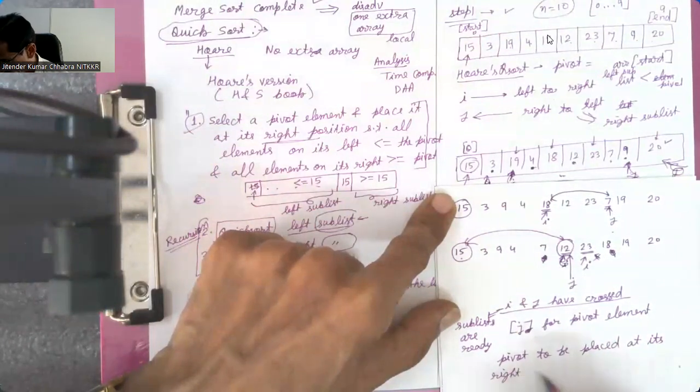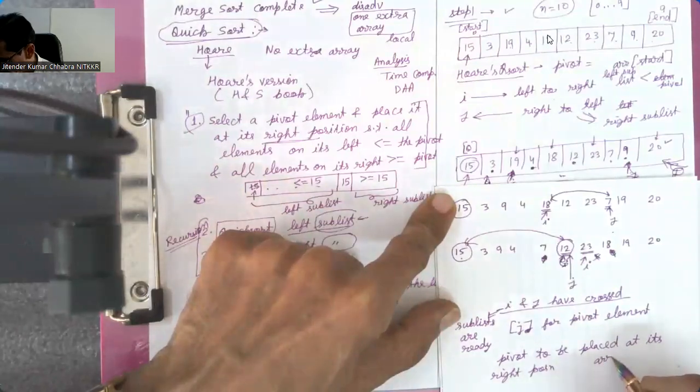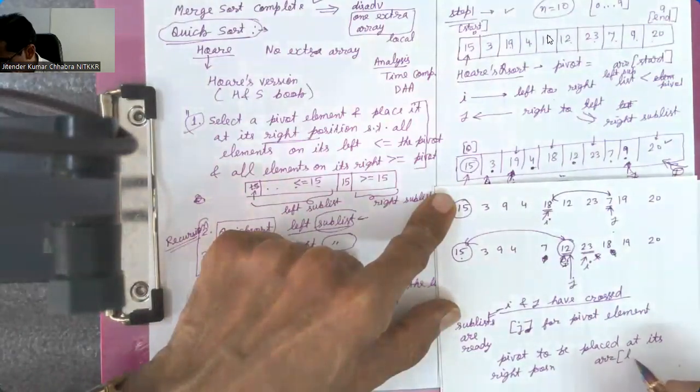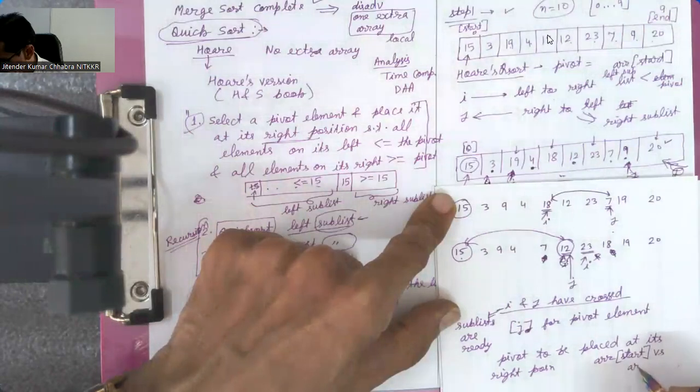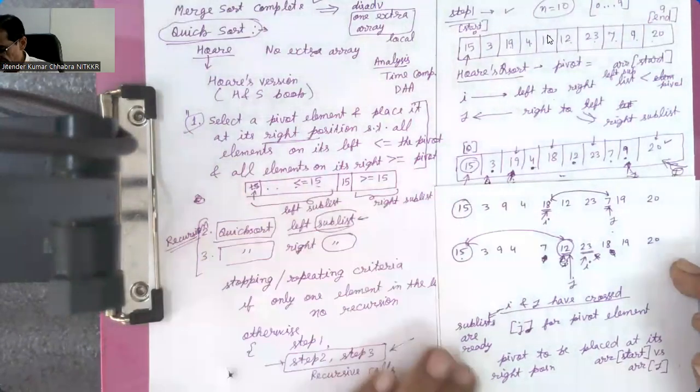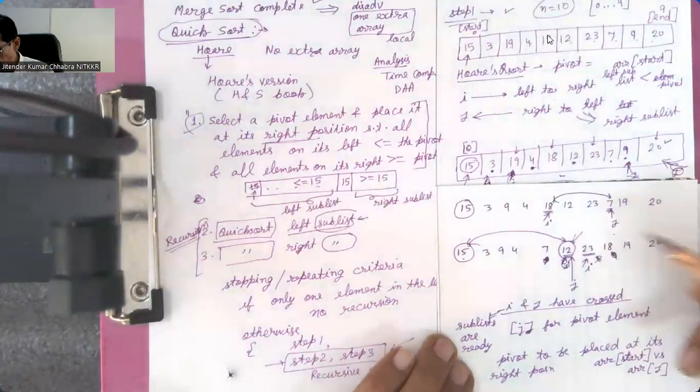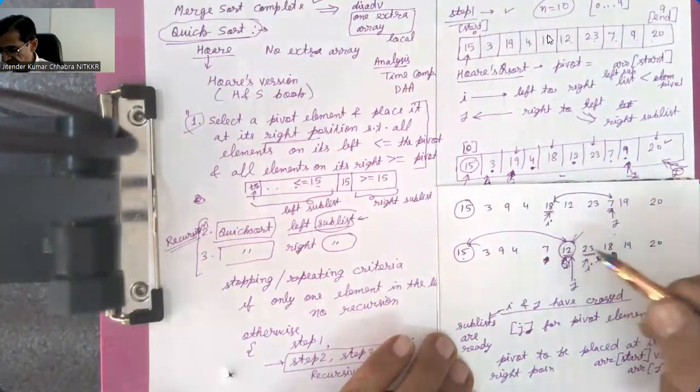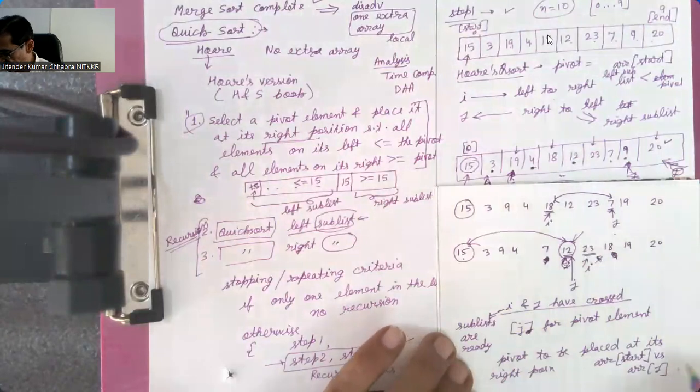And right position effectively will mean that I need to swap array start versus ARRJ, because array J is the position which is showing a smaller value than the pivot. Pivot comes here, smaller value goes in the left sublist.